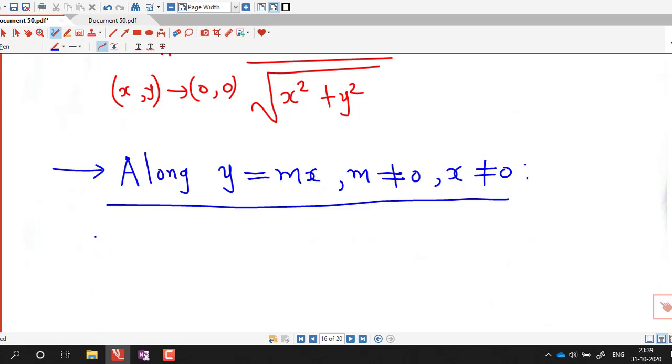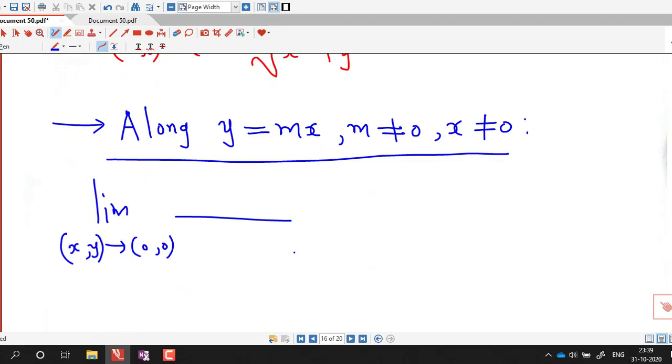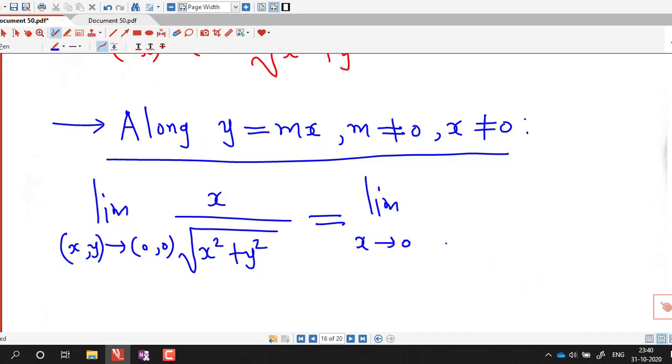So along this path, the limit as (x, y) tends to (0, 0), the function is x over square root of (x square plus y square). So here we put y equal to mx, so the limit will be, as x tends to 0, x over square root of (x square plus m square x square).